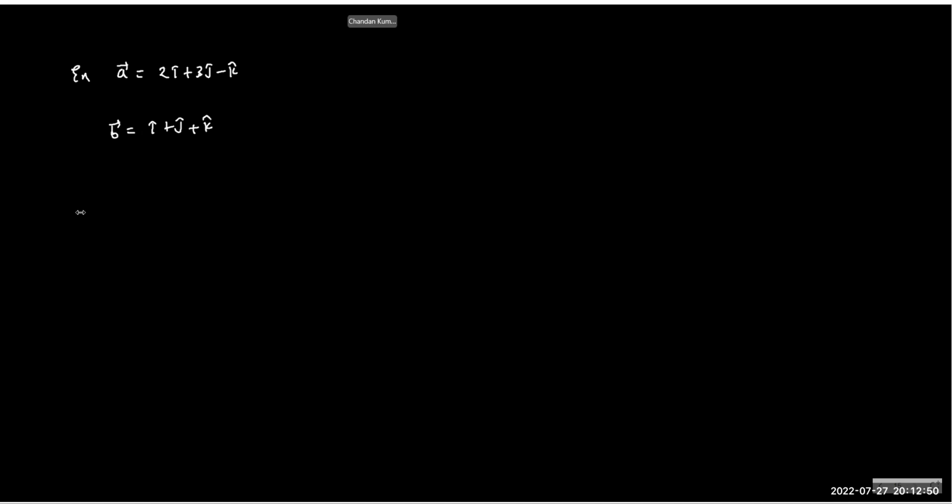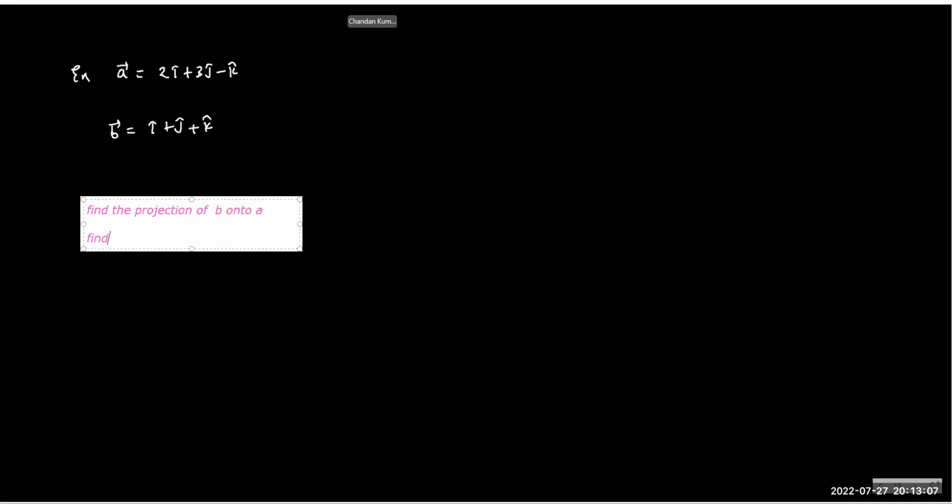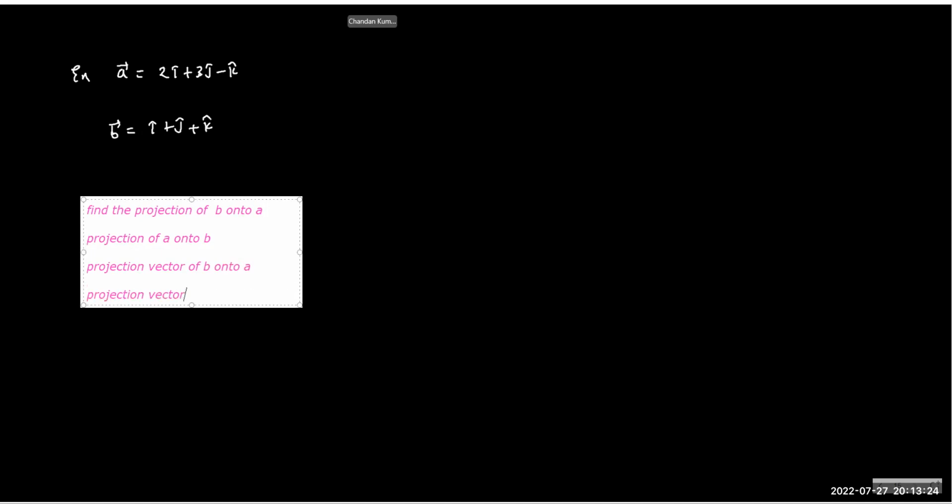So how many questions can I ask here? First, find the projection of B onto A, projection of A onto B, projection vector of B onto A, projection vector of A onto B, and the projection vector of A onto B with a small change.